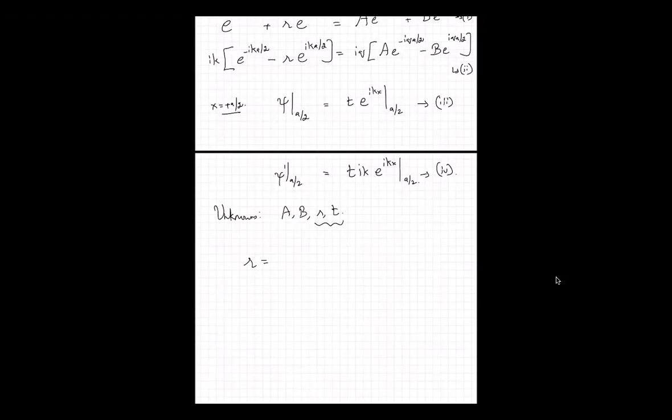R should be equal to, after all is said and done, we should write everything in terms of the momenta: sin(qa) e^(-ika) divided by (q² plus k²) sin(qa) plus 2iqk cos(qa). Okay, this should be your answer for the reflection amplitude. And similarly, you can also work out the transmission amplitude.